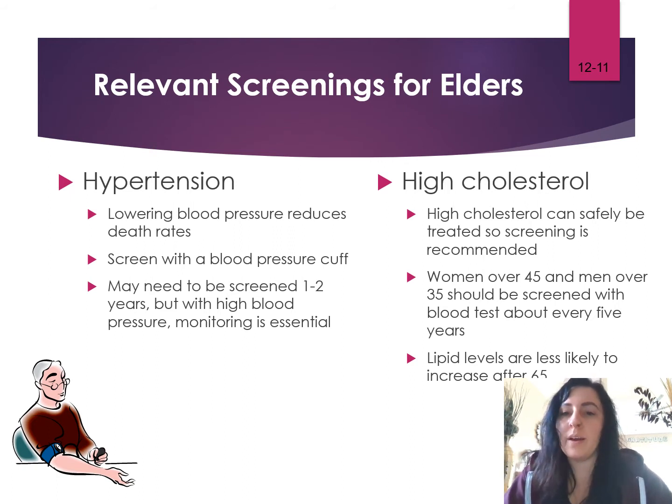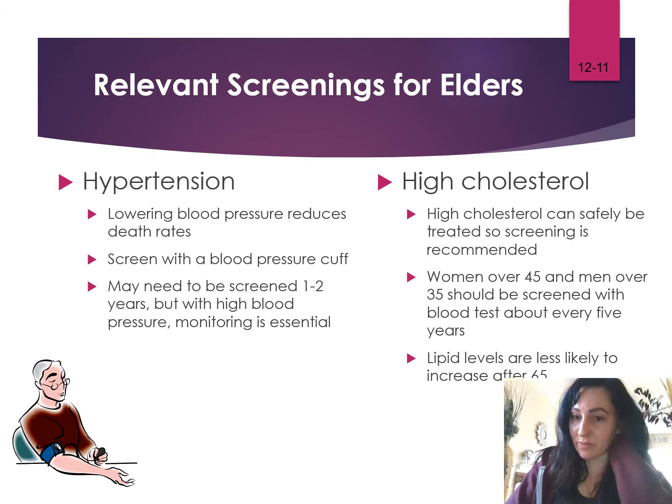Okay, so high cholesterol can be safely treated, so screening is definitely recommended. Women who are over 45 and men who are over 35 should be screened with blood tests every 5 years. And lipid levels are less likely to increase after 65.